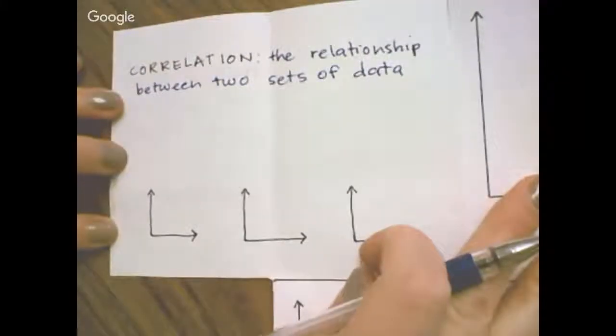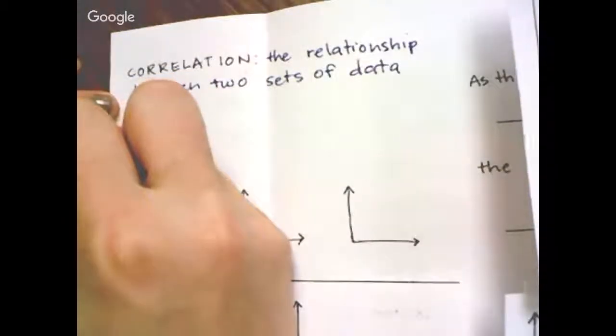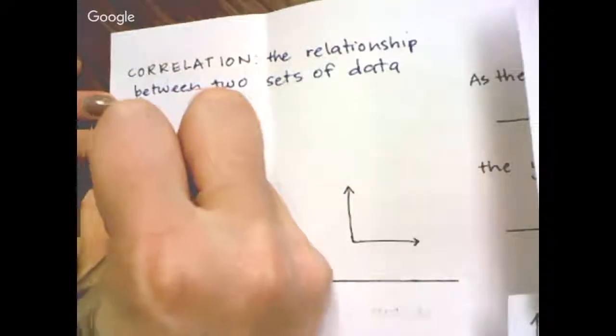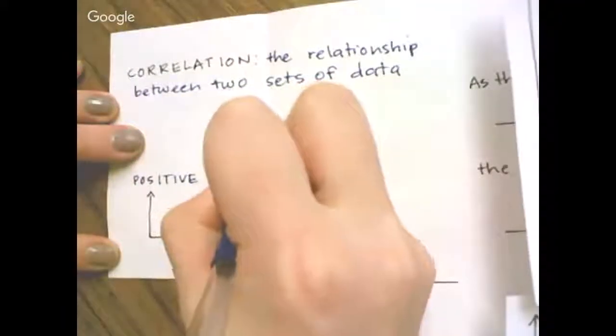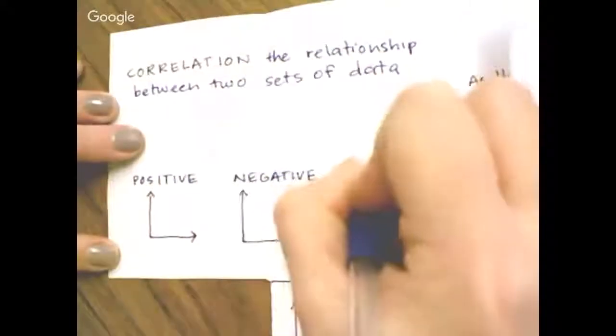And we have three types of correlations. We have positive, negative, and none.